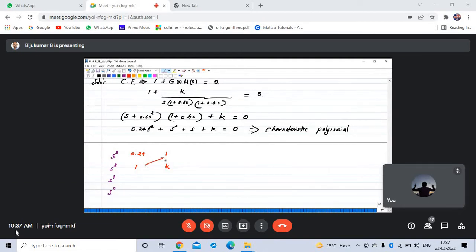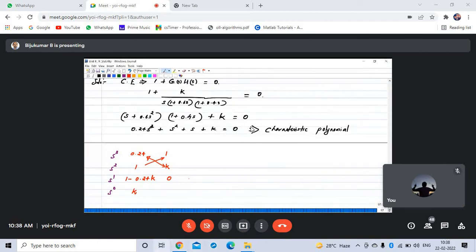That is 1 into 1 minus K times 0.24 divided by 1. So this becomes 1 minus 0.24K. Another element becomes 0. And the last one becomes K, right?